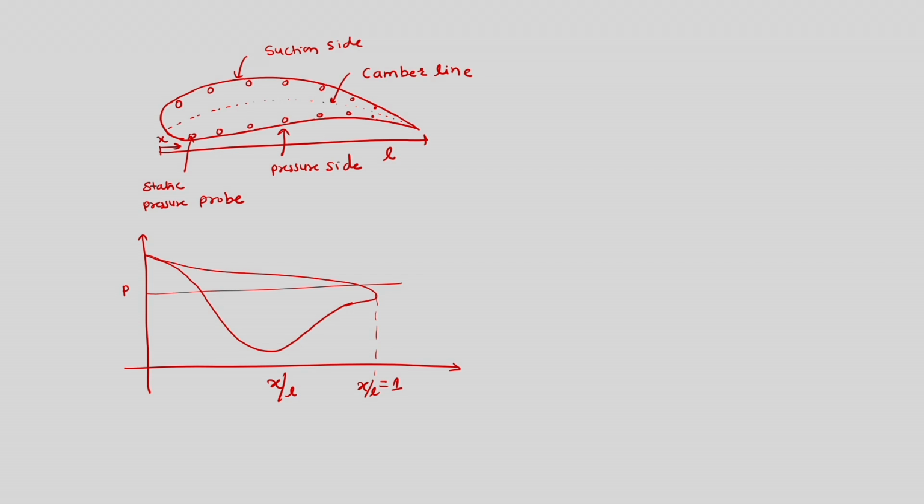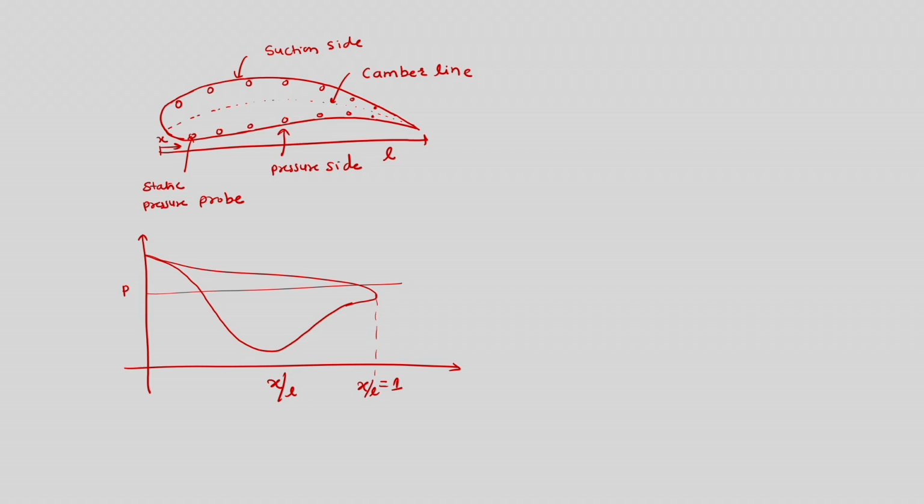So if we mount the pressure probes on the blade profile, then we can get a variation like this for a typical blade, as shown.